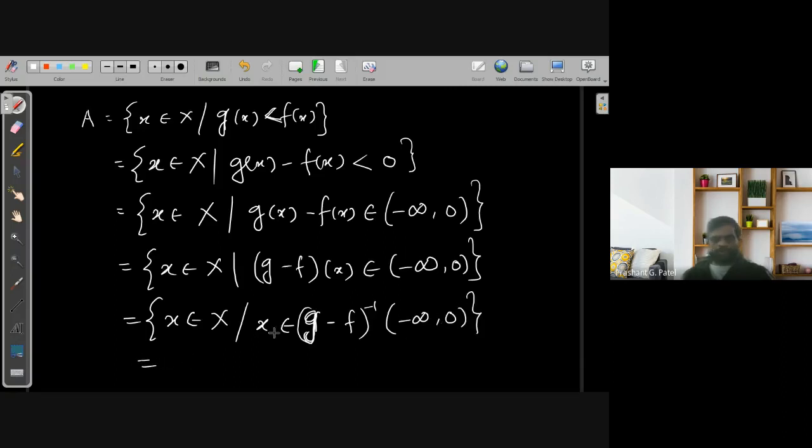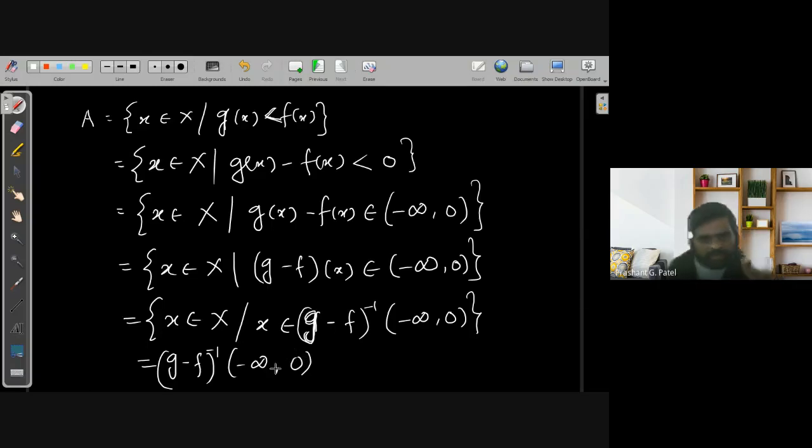That means this set A is nothing but (g minus f) inverse of (minus infinity, 0).